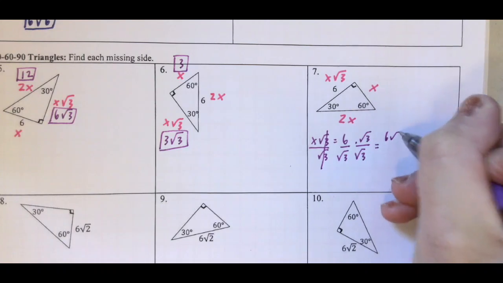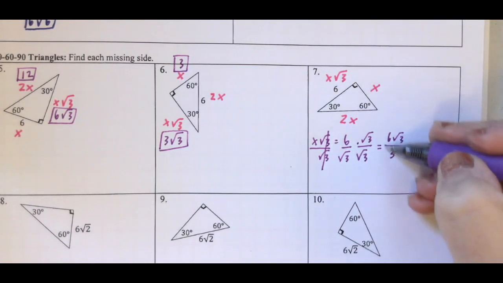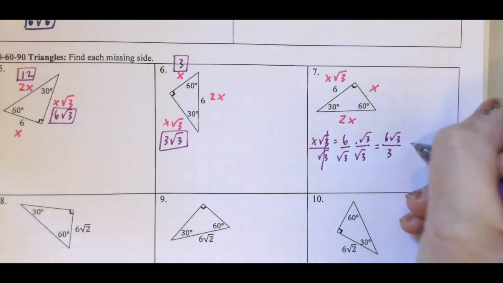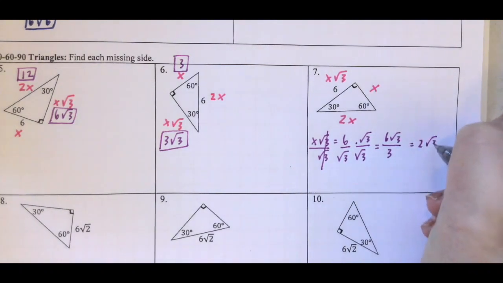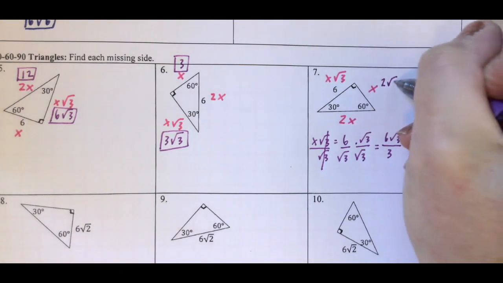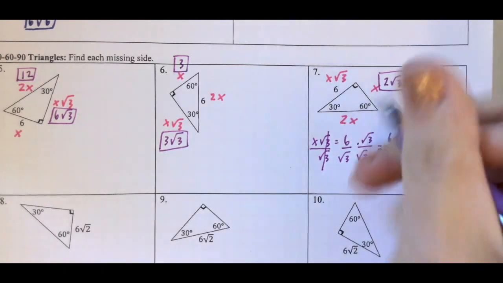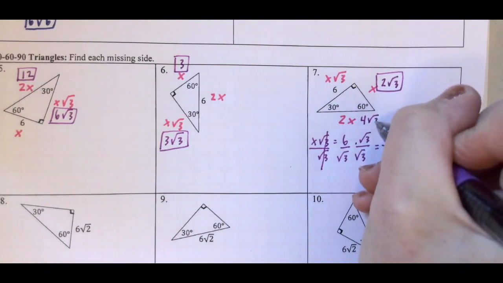So now I have 6 root 3 divided by 3. And then that 6 divided by 3 is just 2. Ends up being 2 root 3. So x right here is 2 root 3. And then if I double it to get to the hypotenuse, that is 4 root 3.